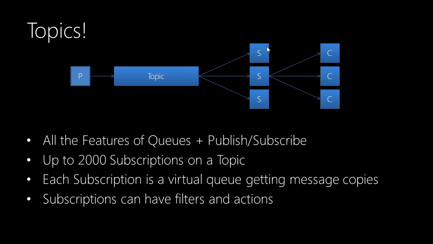So you can add additional subscriptions, and for CTP, up to 2,000 subscriptions per topic. Every subscription is getting copies of the messages that are being sent in, so it acts like a virtual queue. So send one message in, get one message out per subscription. Subscriptions can have filters, and they can have actions.